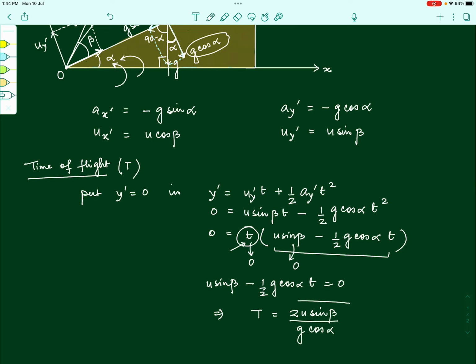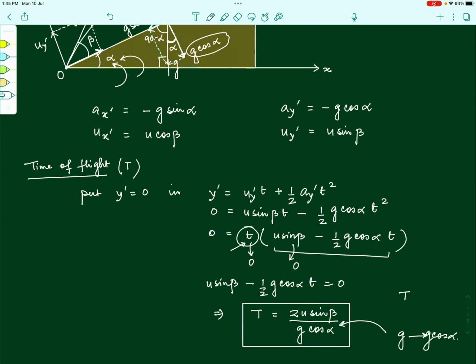You can see for yourself doing the calculations. This is the expression for T that you will get. Now if you just recall the expression for T, the time of flight that we obtained for a standard projectile, see that in this particular expression all we need to do is replace g by g cos alpha to obtain the same relation.